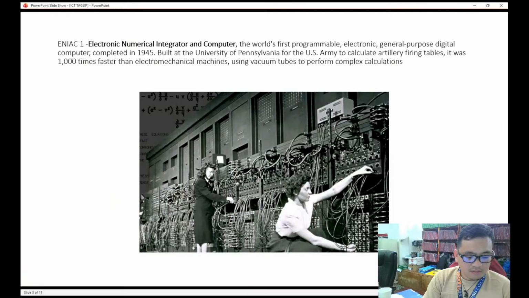Next, from the ENIAC in the 1950s, the first generation computers is the UNIVAC. UNIVAC 1 in 1951 became the first commercially produced computer. Like the ENIAC, it used vacuum tubes and was very large and expensive.